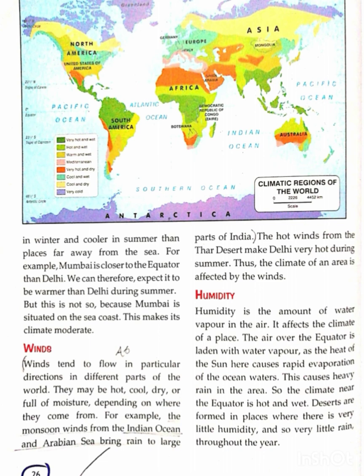Humidity is the amount of water vapor present in the air. As in class 4 you have studied, when humidity increases, it rains. So the same thing we will discuss here.